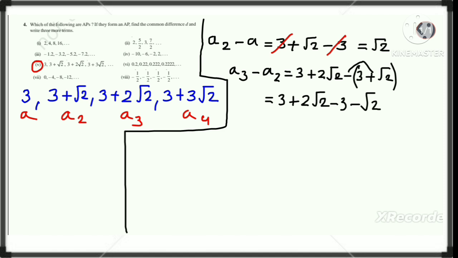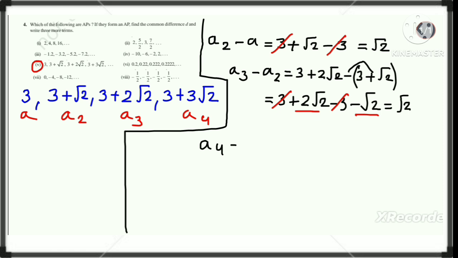Now firstly this minus 3 and plus 3 can be cancelled out, and here is 2 root 2, and here is 1 root 2. After subtracting, we obtain here 1 root 2.